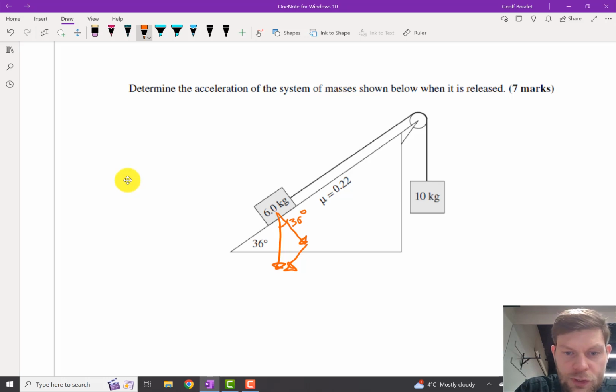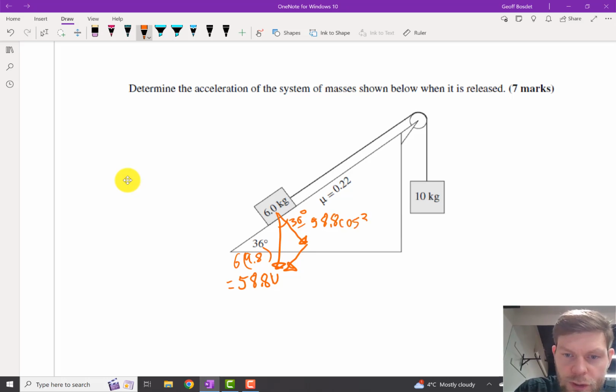Our hypotenuse is gravity. So that is 6 times 9.8 or 58.8 newtons.